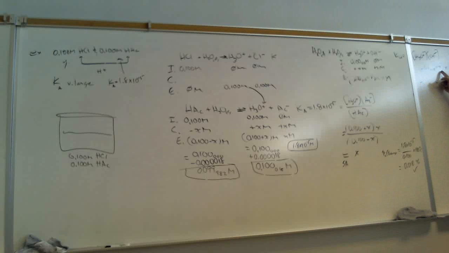The simplifying assumption is going to assume that X is very small compared to this, which should be good because Kw is quite small, 1.0 times 10 to the negative 14. And so this is going to simplify to 0.100 sub 018 times X. And so this is usually how he has it set up. He just has Kw equal to this times X, ignoring the contribution of hydronium from Kw.